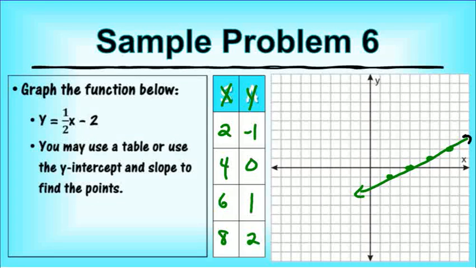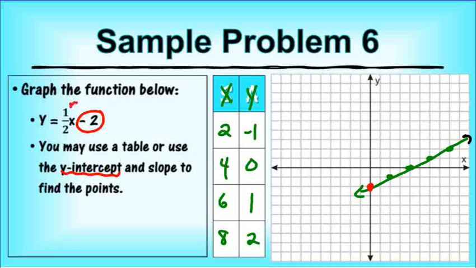Now I'm going to use a different color to show you how you can do it without a table. This number here is always your y-intercept. That's where it crosses the y-axis. So if I go to my graph here, my y-axis, I go to negative 2, would be right here. And then I use my slope, 1/2.